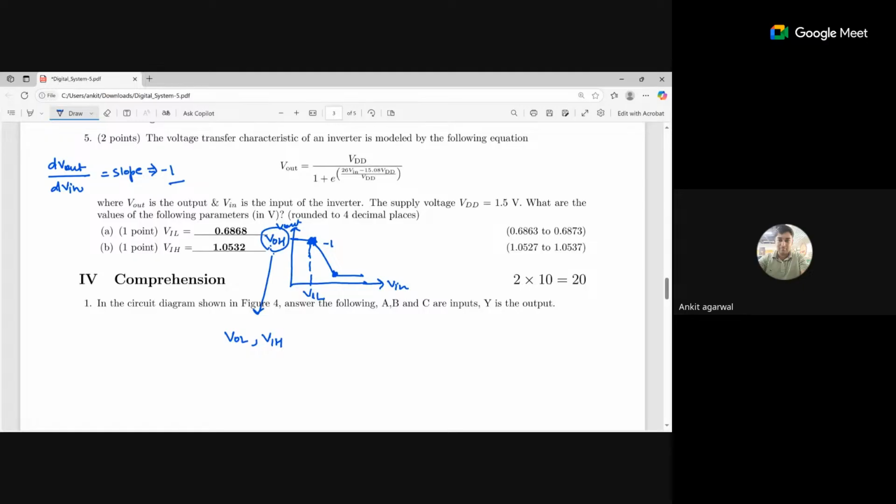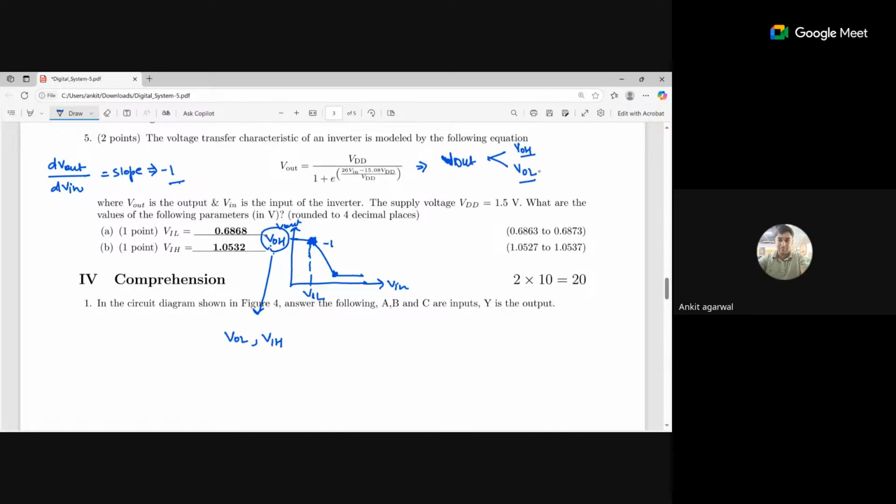Second thing is that the equation will automatically give two particular values of input, or two particular values of output, by solving it and putting it as minus one. The lower value I will consider as VOL, and the higher value as VOH.